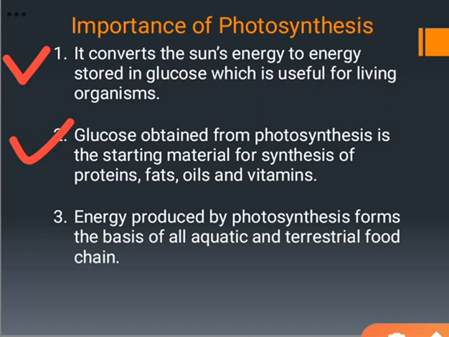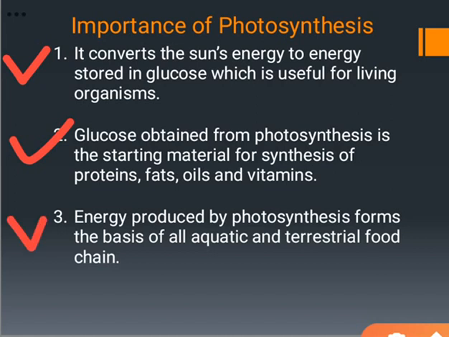Glucose obtained from photosynthesis is the starting material for synthesis of all other food nutrients like proteins, fats, oils, and vitamins. The carbohydrate formed in the plant is first of all used as a source of energy, and it is also used as starting material for synthesis of proteins, fats, oils, and vitamins.